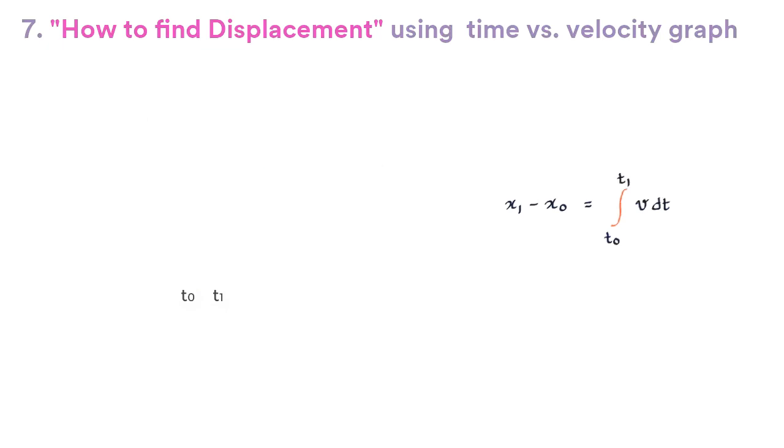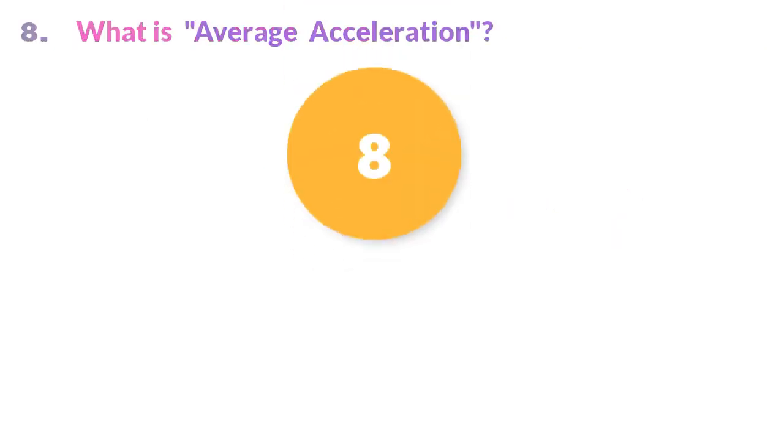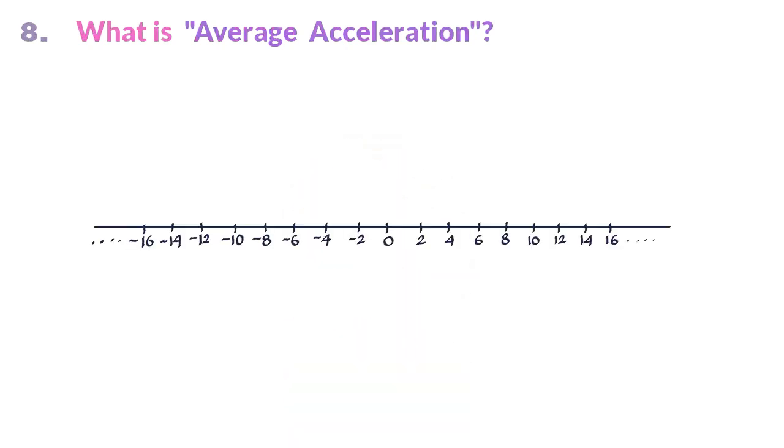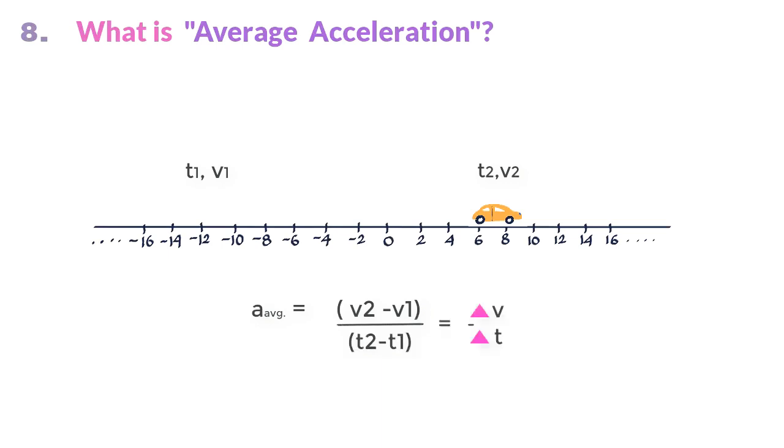So the next one is, what is average acceleration? Well, if the velocity of a particle changes with time, we say it is accelerating. So if velocity at time t1 is v1 and at time t2 is v2, then acceleration a average is equal to v2 minus v1 upon t2 minus t1, which is equal to delta v upon delta t.